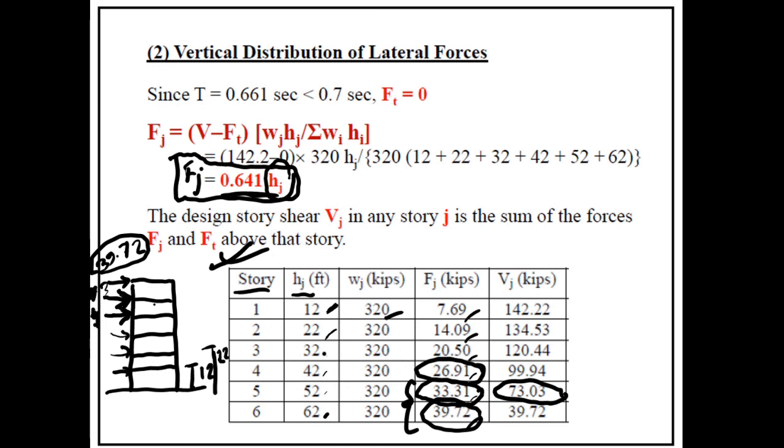So the total force will be 73.03 plus 26.91, so in total 99.94. In this way we need to calculate the others as well, and finally we need to sum up in this figure the force in each level. So this was all for this lecture. Thank you.